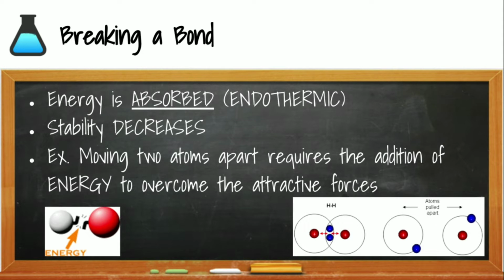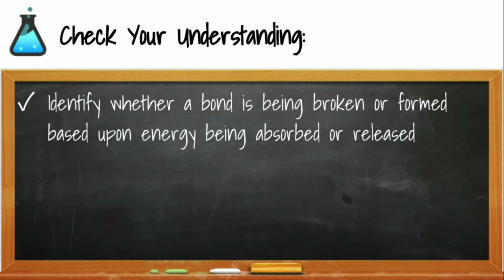Breaking bonds is an endothermic process because energy must be added to the reactants to produce the unbonded products. Can you identify whether or not a bond is broken or formed based on energy being absorbed or released?